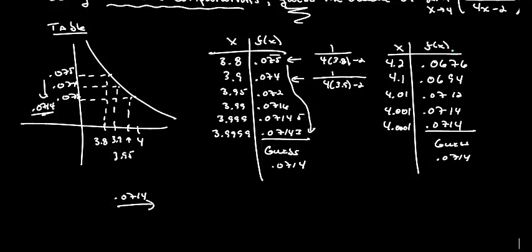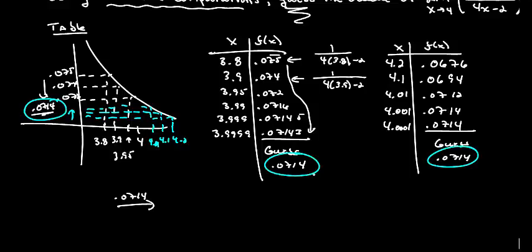Then we came in from the other side and we said, okay, here's 4.2, here's 4.1, here's 4.01. And then we started looking at their heights, and we started looking at what they are trending towards. And we also got that they were trending towards 0.0714.